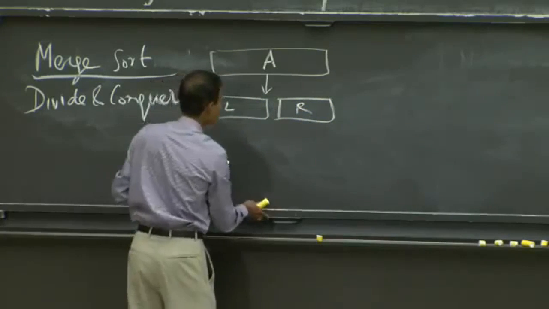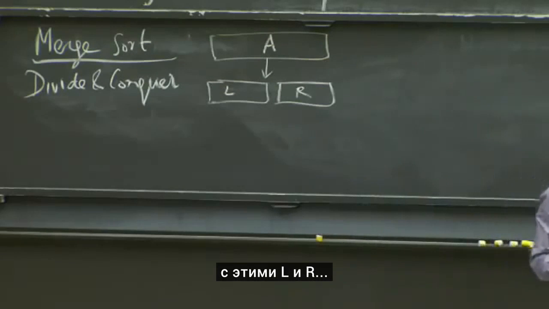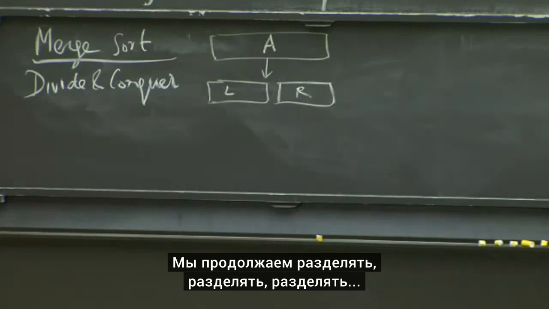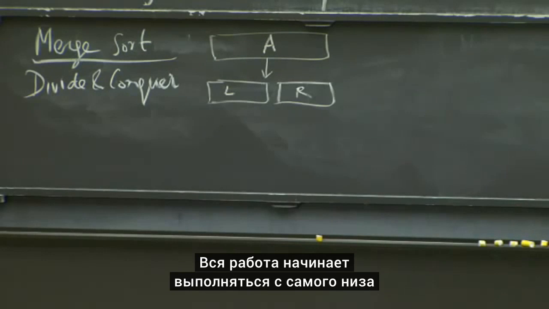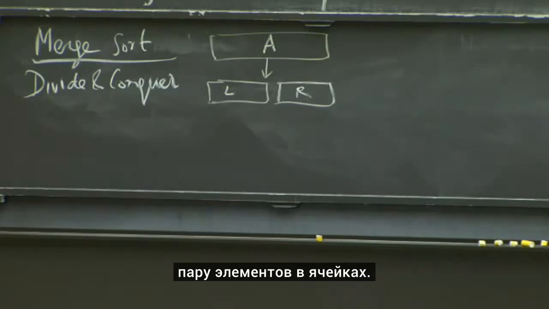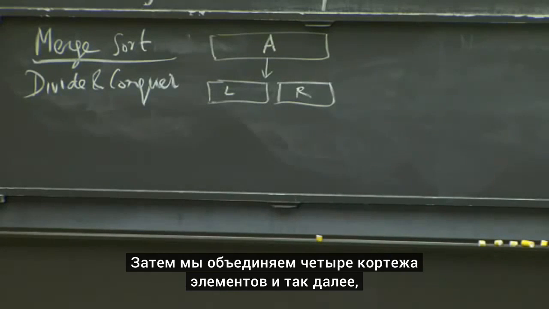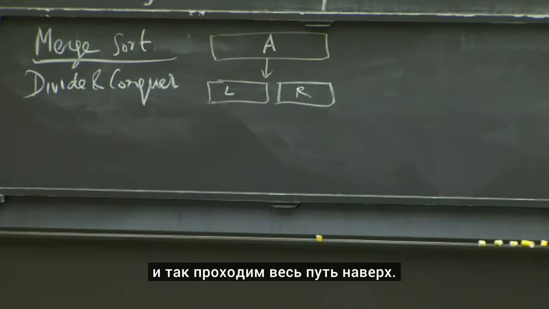And essentially, we do no work, really, in terms of the L and R, in the sense that we keep splitting, and all the work is done down at the bottom in this routine called merge, where we are merging a pair of elements at the leaves, and then we merge two pairs and get 4 elements, and then we merge four tuples of elements, etc., and go all the way up.